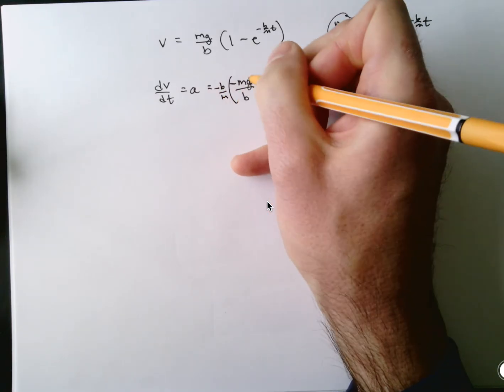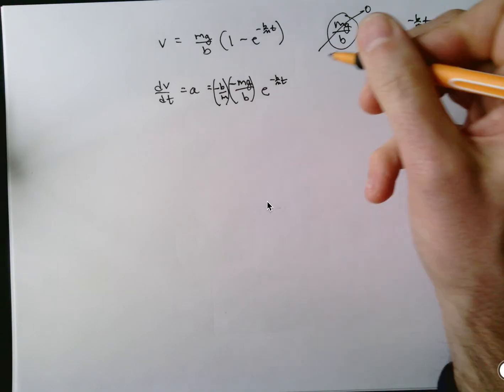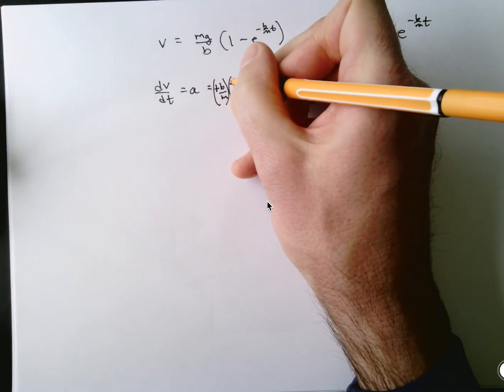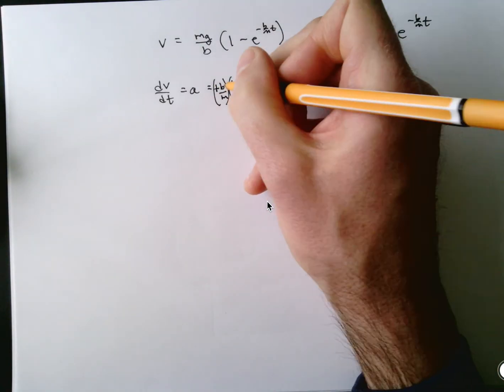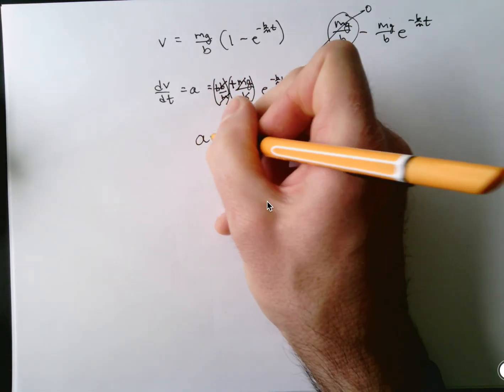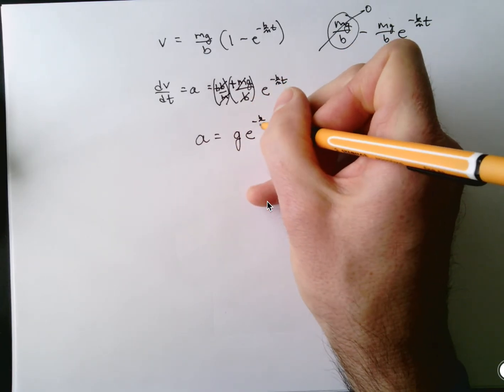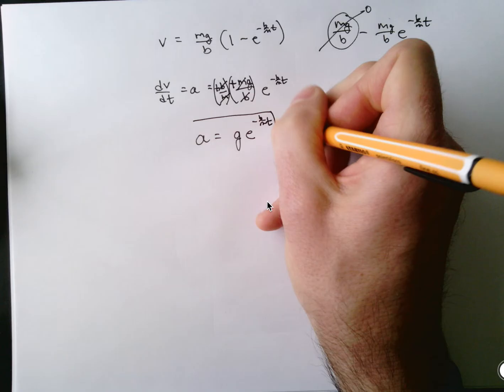These are being multiplied, not subtracted from one another. Now we can do some simplification. The negative times a negative, they're both positive now. b cancels out b, m cancels out m. What are we left with? a equals g e to the negative b over m t.